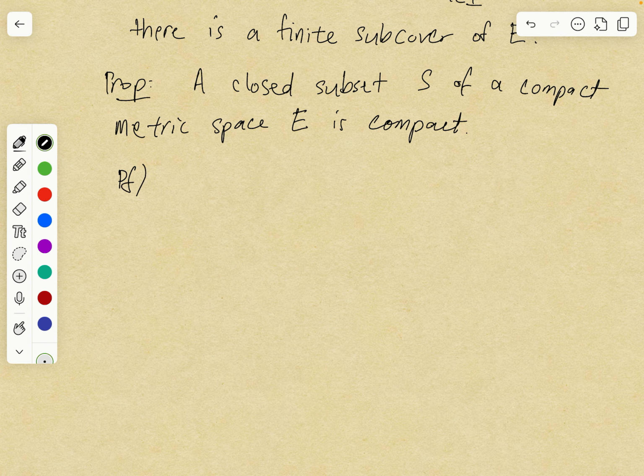So for the proof, we're trying to show that the subset S is compact, so we need to start off with an arbitrary open cover of S and show that it has a finite subcover.